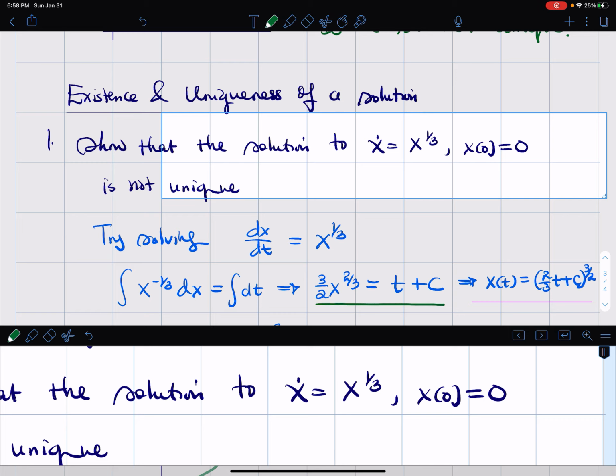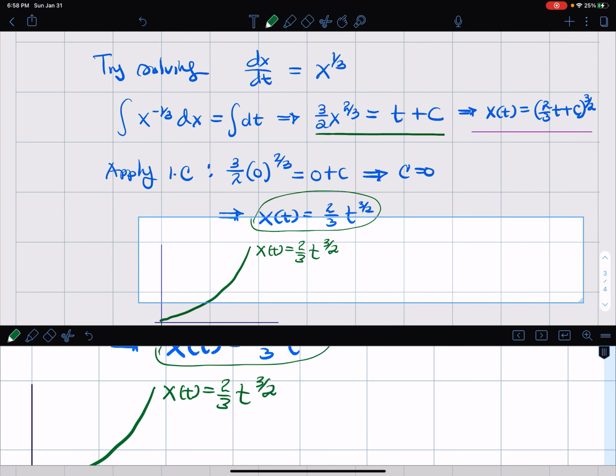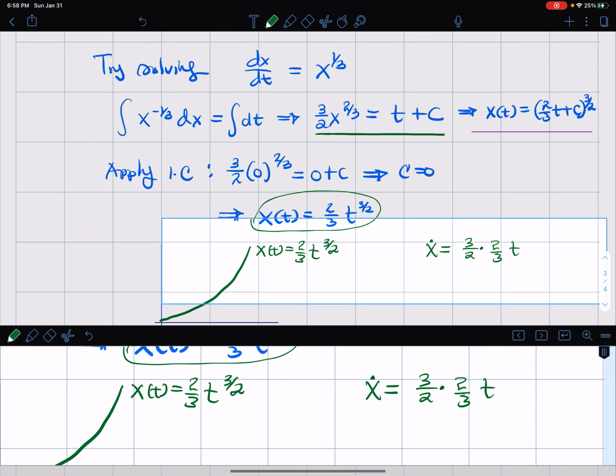First of all, observe that if we take the derivative, we have x dot equal to 3/2 times 2/3 t to the power of, if we subtract 1 from 3/2, we get 1/3, right?